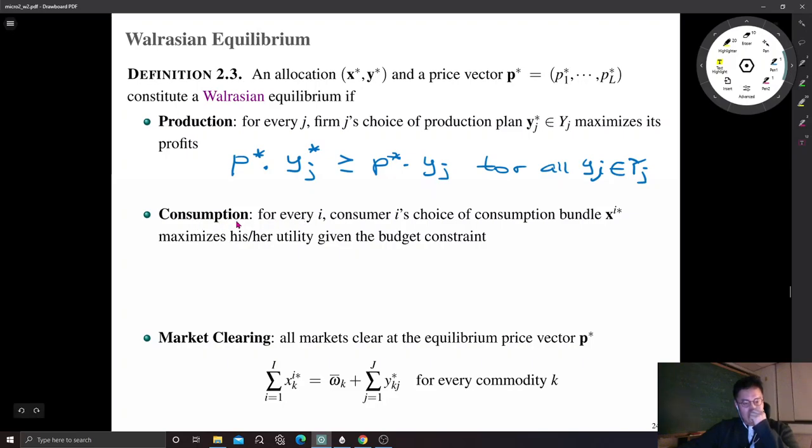And the second condition is now on the consumption side. The allocation for each consumer should maximize consumer i's utility given the budget constraint.